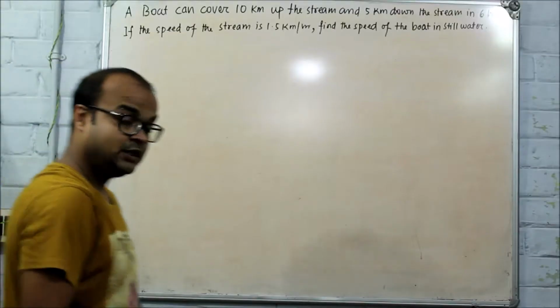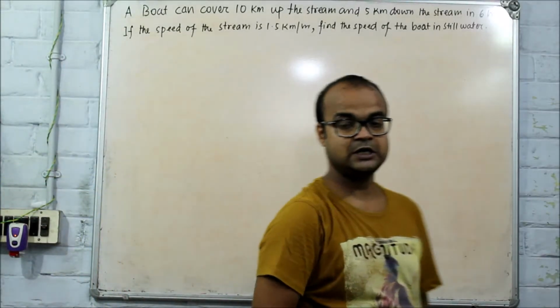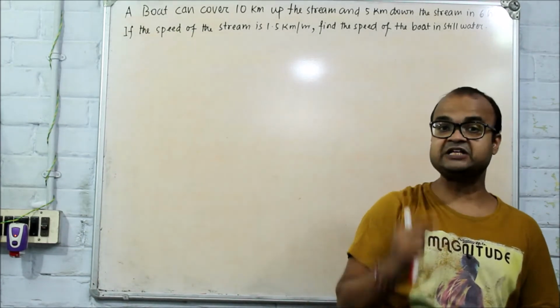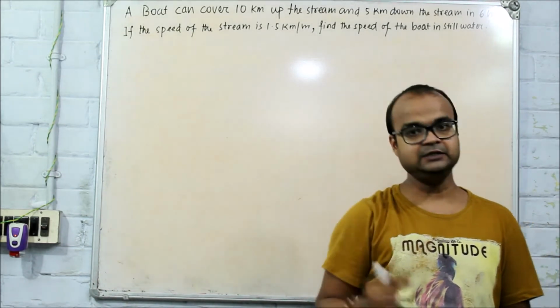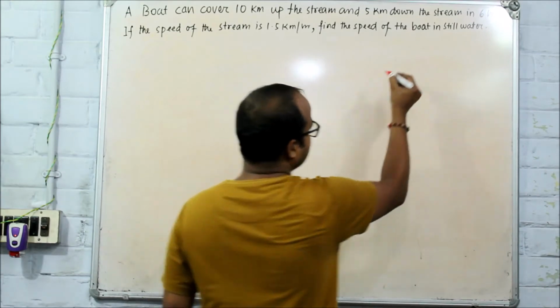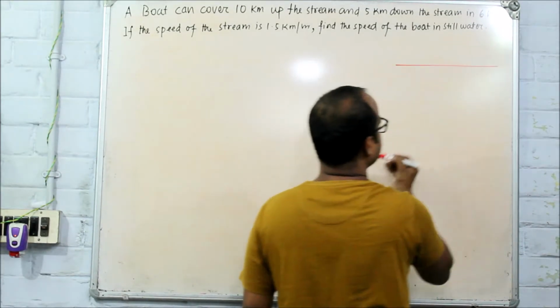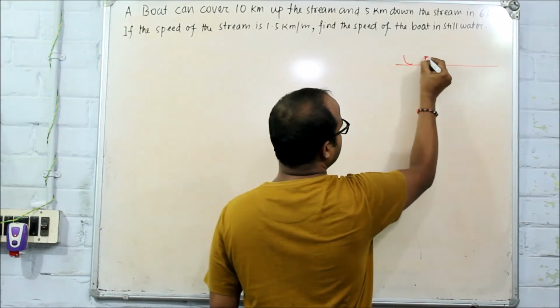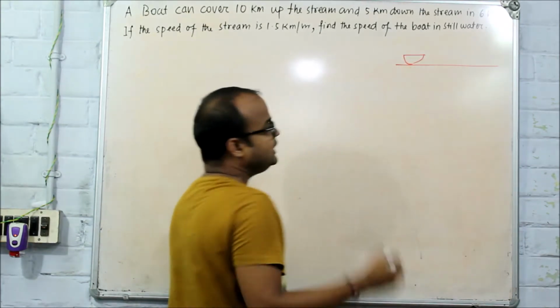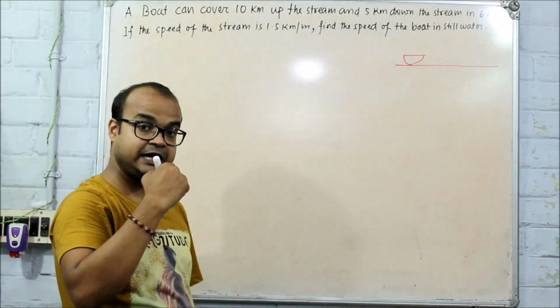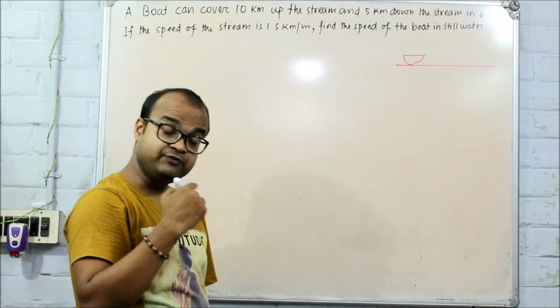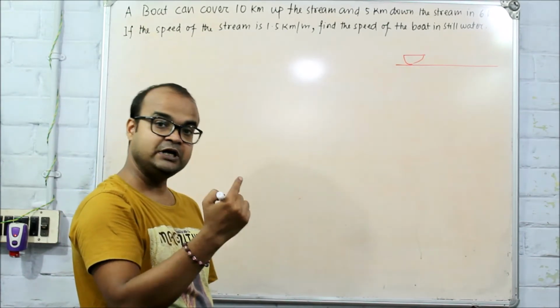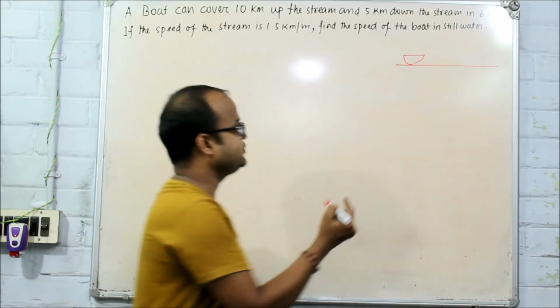Clear? Now I am going to discuss problems based on upstream and downstream. Now see, if there is a boat, one time the boat can move in favor of the stream and one time against the stream.